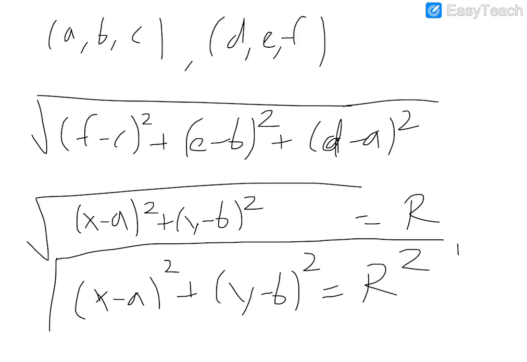Now, this is the general form of the equation of a circle, and basically a and b represent how it's been translated. r would be the radius of the circle, and then (a, b) would be the center of the circle.